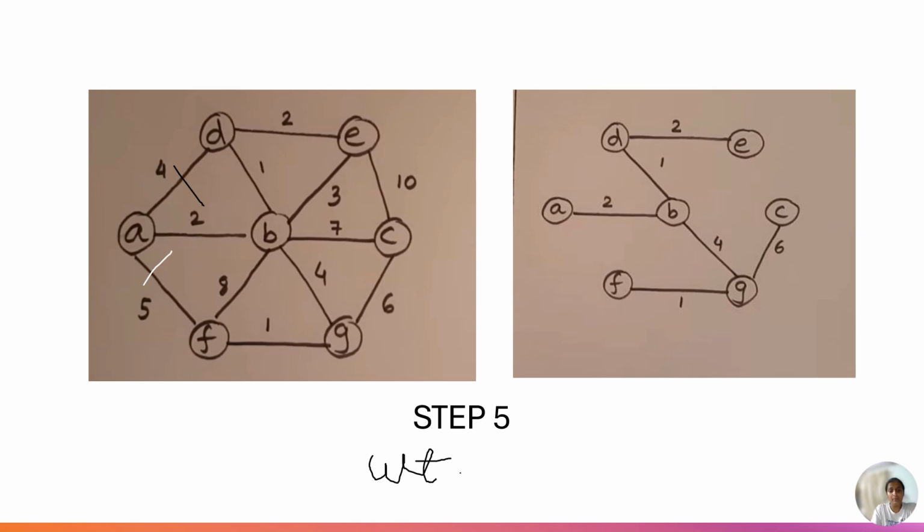You calculate it by 6 plus 4 plus 2 plus 2 plus 1 plus 1. The total weight of this graph is 16. This is how you calculate the total weight of the graph.